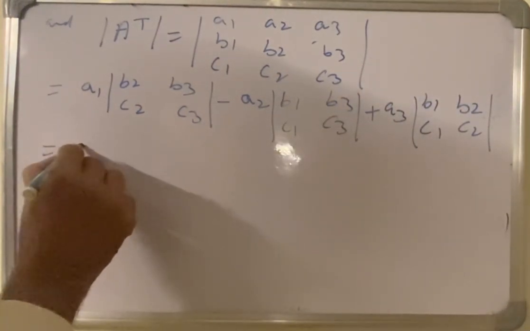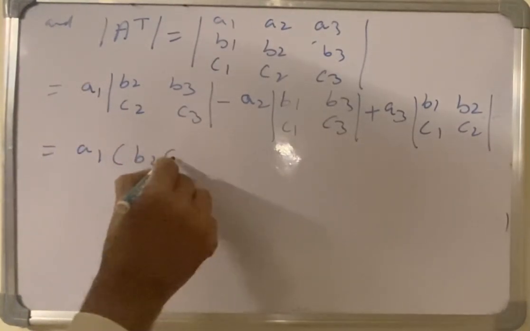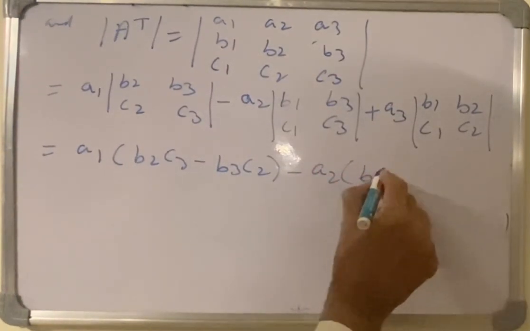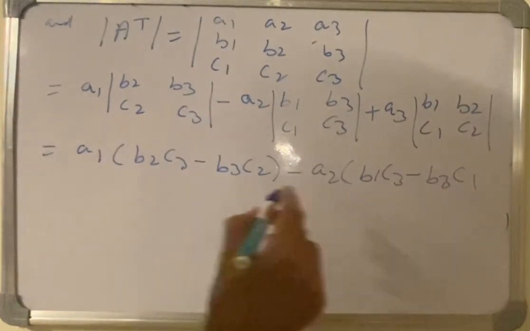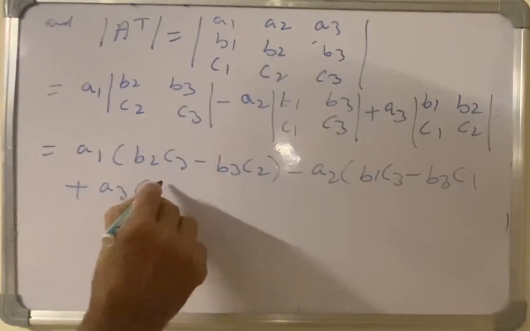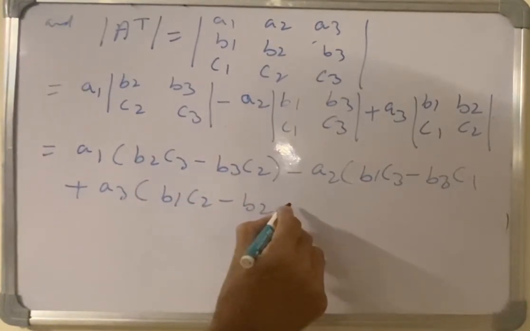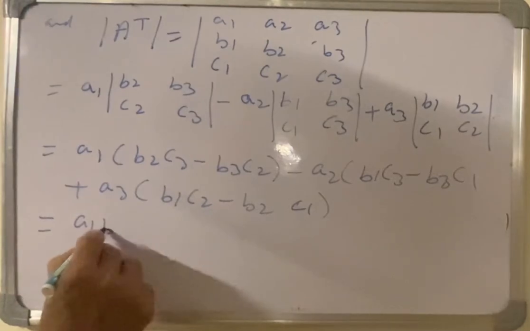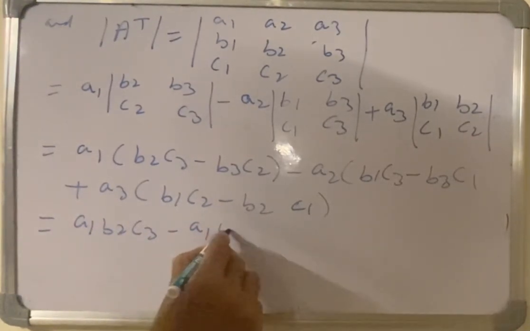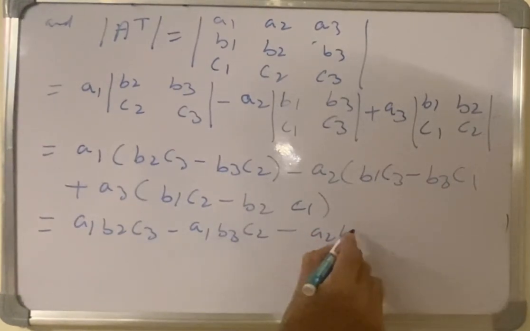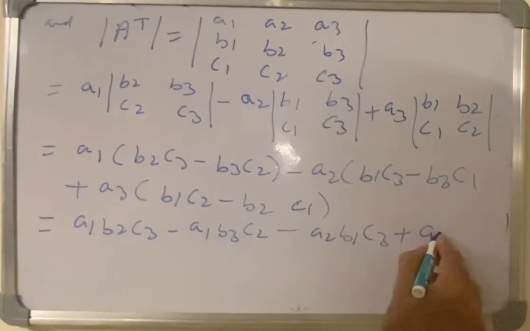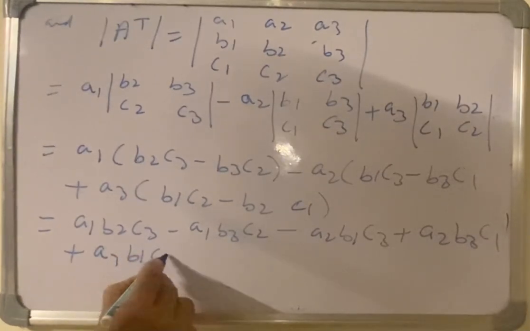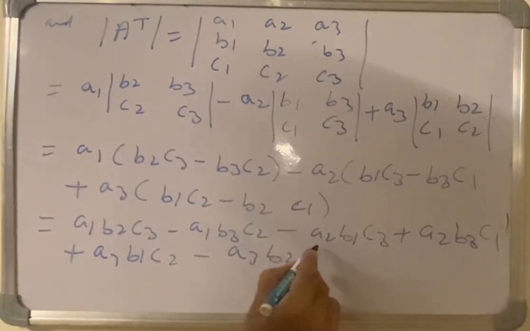Then we open this: A1 into (B2 C3 minus B3 C2) minus A2 into (B1 C3 minus B3 C1) plus A3 into (B1 C2 minus B2 C1) is equal to A1 B2 C3 minus A1 B3 C2 minus A2 B1 C3 plus A2 B3 C1 plus A3 B1 C2 minus A3 B2 C1.